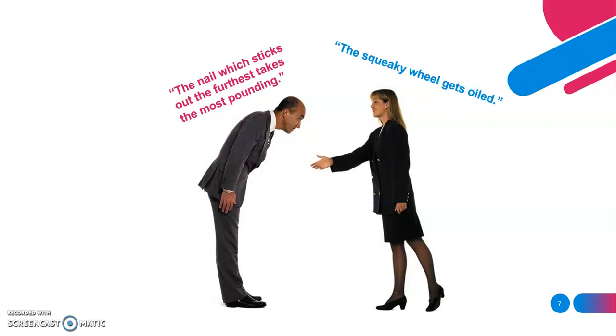For us, the squeaky wheel gets oiled. I mean, think of the LGBTQ community. They're 4.5% of the population, but they're the loudest minority, and so they're getting all this attention. Very much difference, and I think they would be the population that would be pounded if we're talking from that quote.